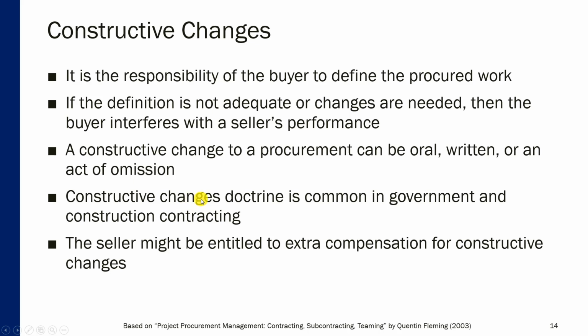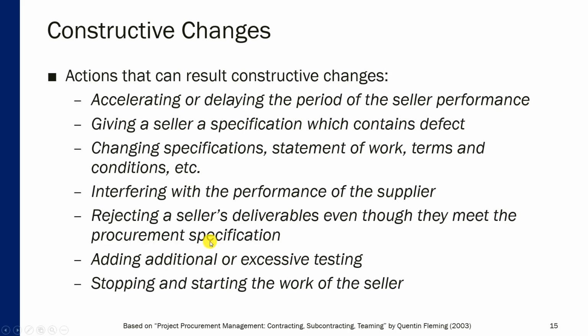The constructive changes doctrine is common in government and in construction contracting, and the doctrine comes down to this: the seller, that's the most important aspect of this doctrine, might be entitled to extra compensation for constructive changes if that's the fault of the buyer.